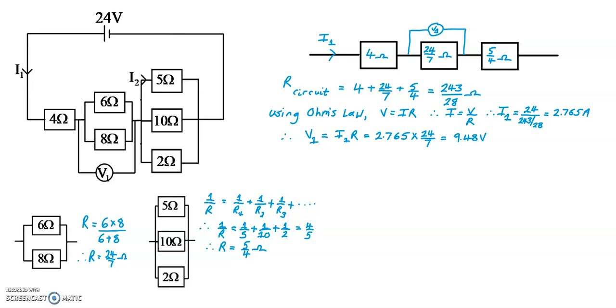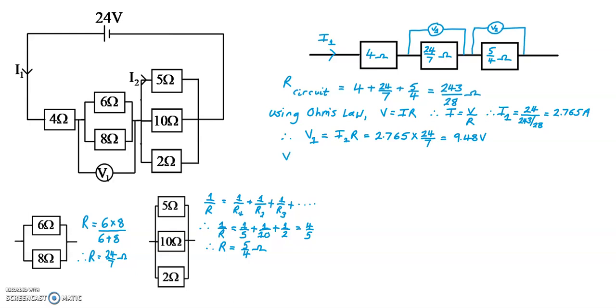Now, to work out I2, the voltage across that parallel branch needs to be found. So I'm going to denote that voltage as V2 and put it over the equivalent single resistance, which is 5/4 ohms.